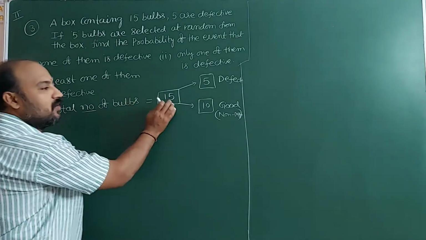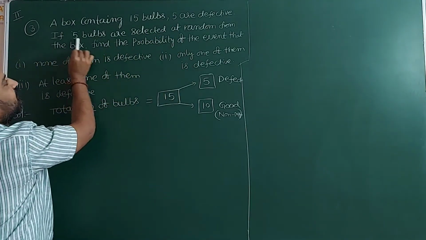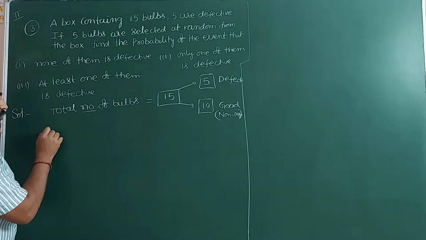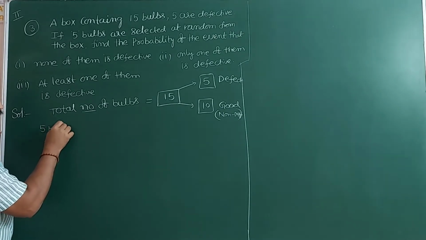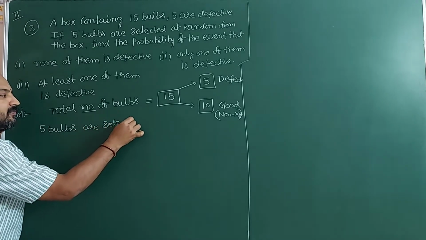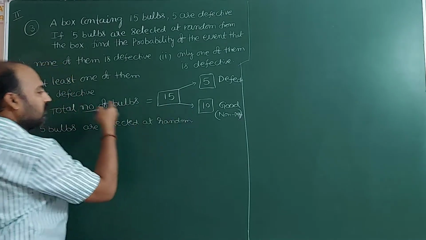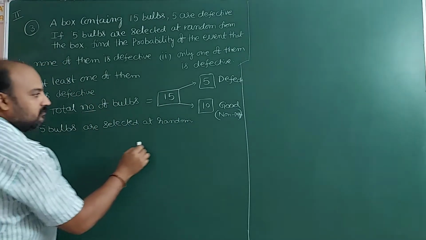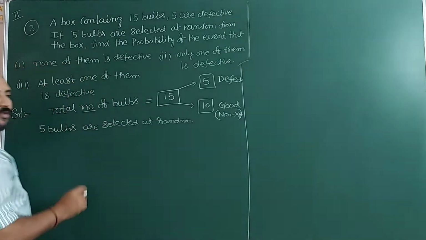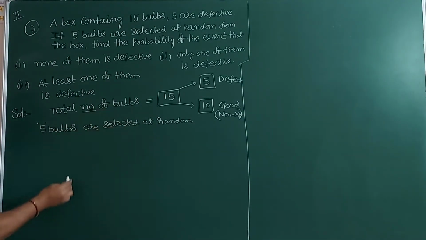In the sample space, a total of 15 bulbs are there, and 5 bulbs are selected at random.